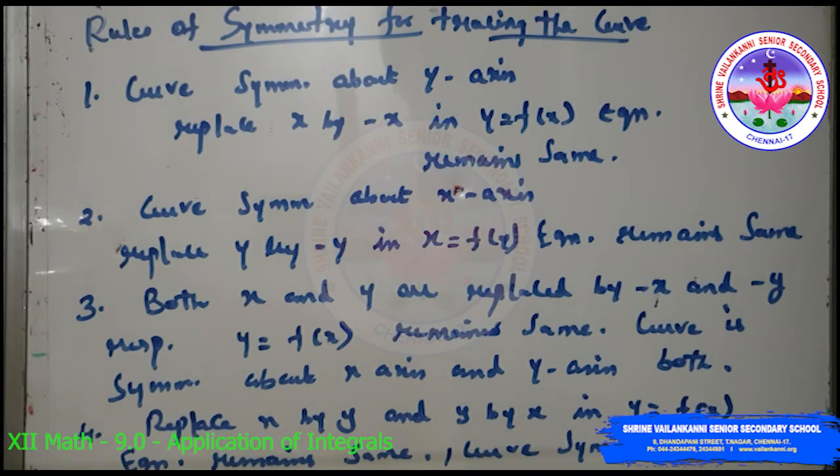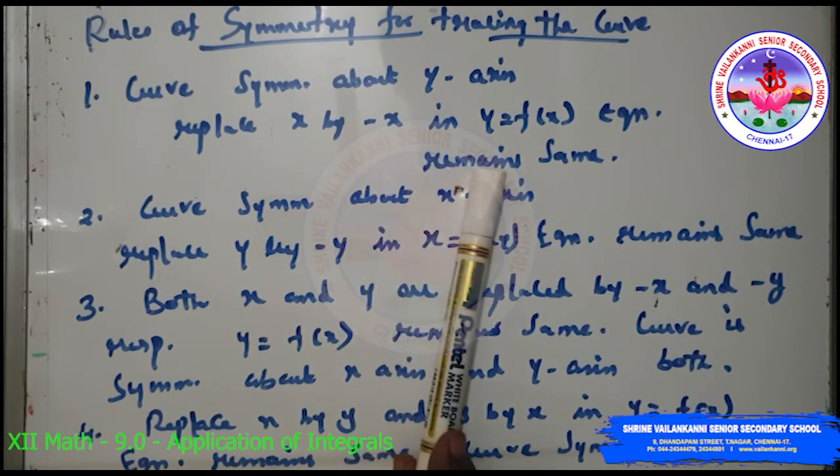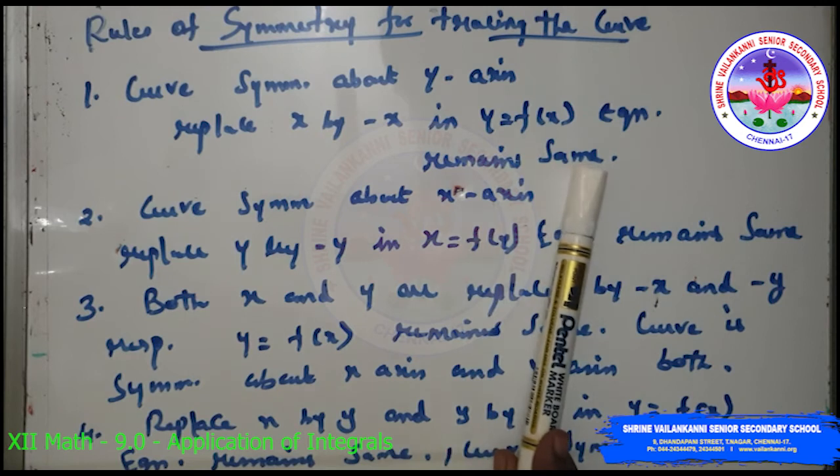So the rules of symmetry for tracing the curve. The first one: the curve is symmetric about the y-axis if we replace x by minus x in the equation of the curve y equal to f of x, and the equation remains the same.